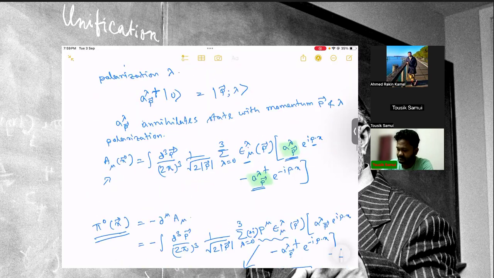So we had plus here, with the annihilation operator.